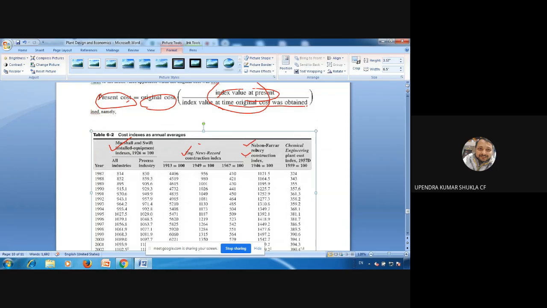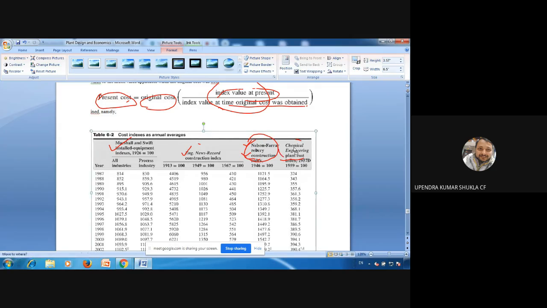This index will be used mainly for refinery construction. Remember, for refinery we will use the Nelson Farrar refinery construction index. And for a chemical engineering plant, you mostly use the chemical engineering plant cost index.